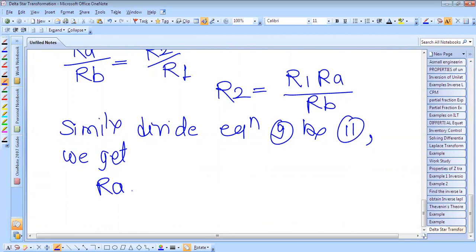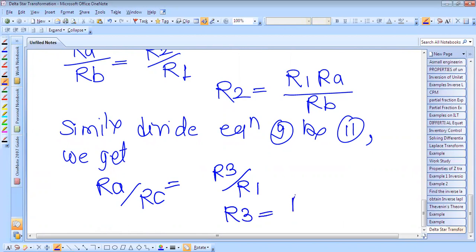We get R3 by R1. Therefore, the value of R3 is equal to RA into R1 divided by RC.